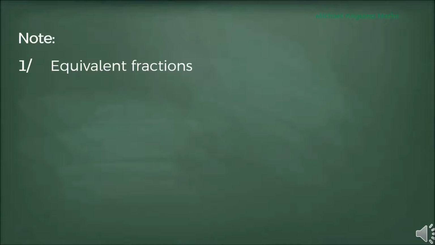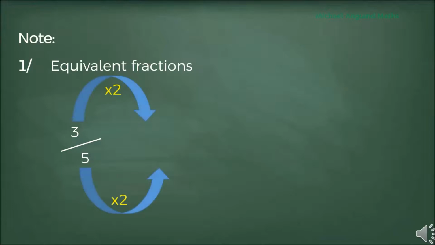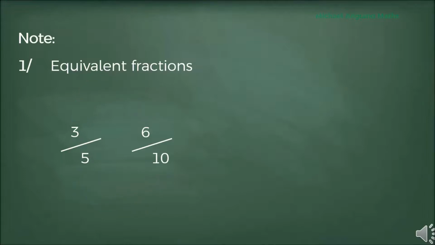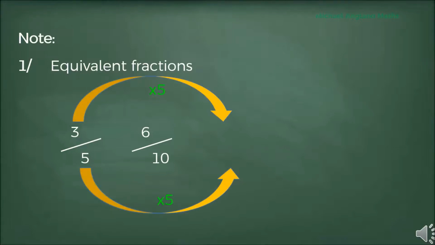So let's take an example here. Suppose we have 3/5. Well, we know if we multiply the numerator and denominator by 2, we end up with 6/10. Same value, equivalent fraction. If we take the original fraction, 3/5, and we multiply the numerator and the denominator by 5, we end up with 15 over 25. Equivalent fraction, same value.